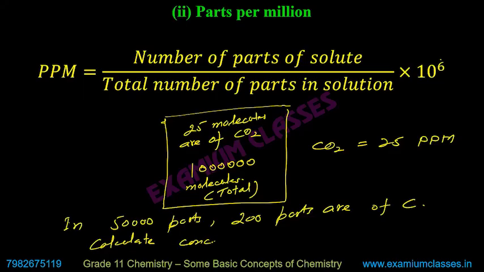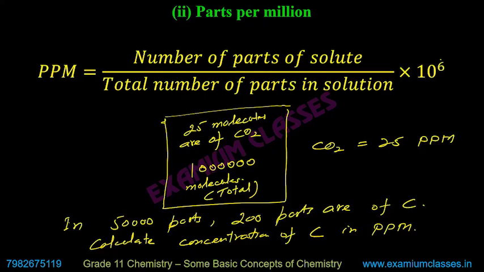Calculate concentration of carbon in parts per million. So your task will be to obtain how many carbon parts will be there in 1 million parts of total.